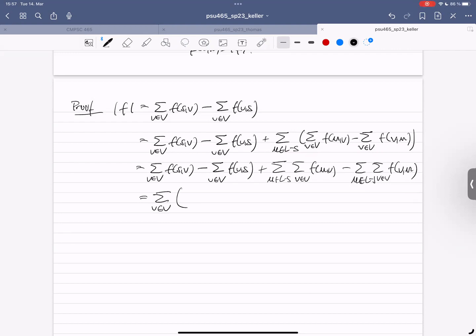I rearrange this by the following sum. I group everything by V, F of S comma V, plus everything but S, minus S. Let me write this again a bit nicer.